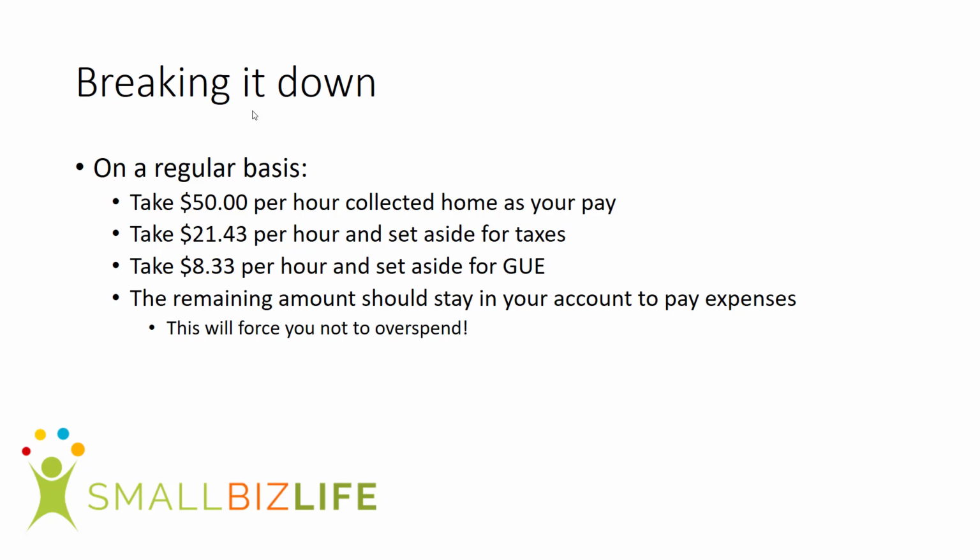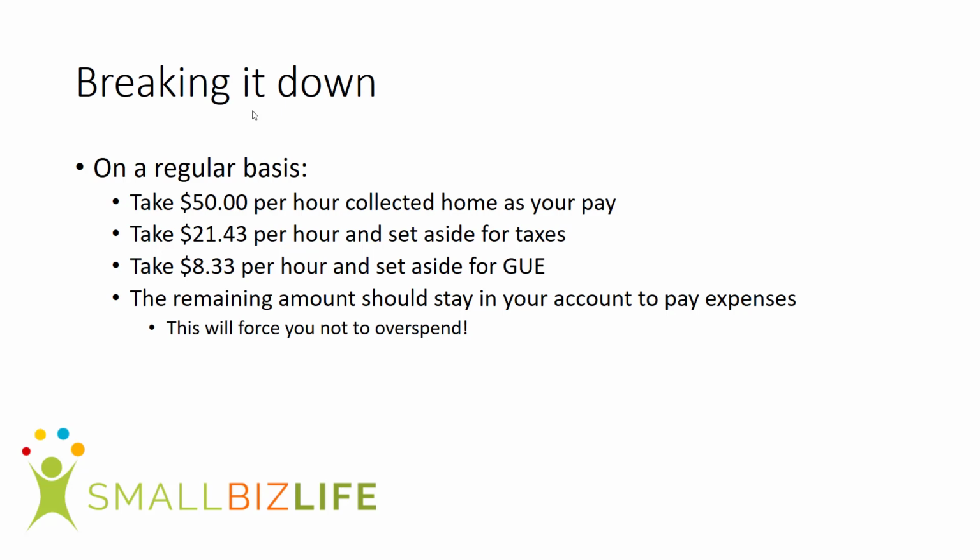The reason I like this is that I pull out my profit that I want to take home, my money for taxes, and my money for my GUE. If you do this on a regular basis, you are forced to manage your expenses. It helps you not overspend because you don't leave all that money in the account.